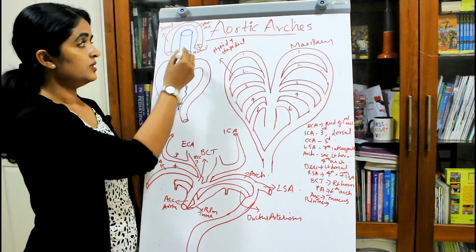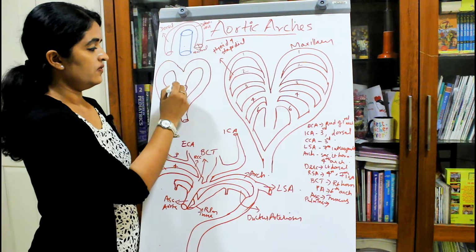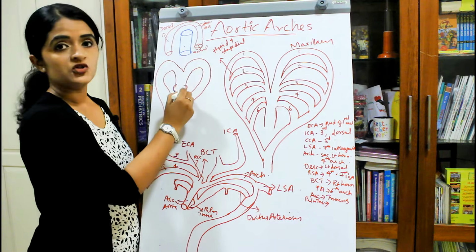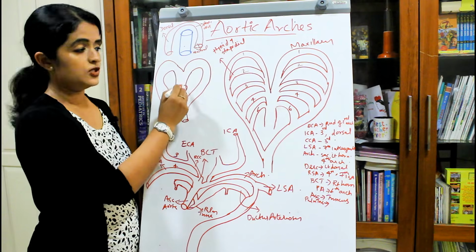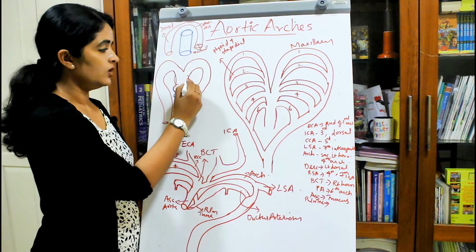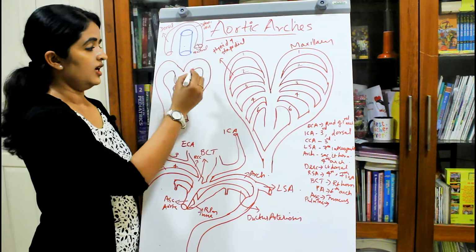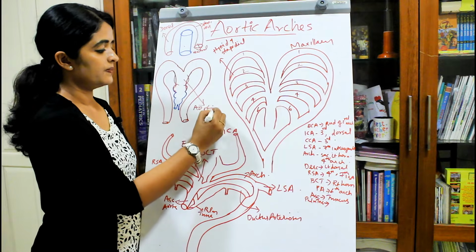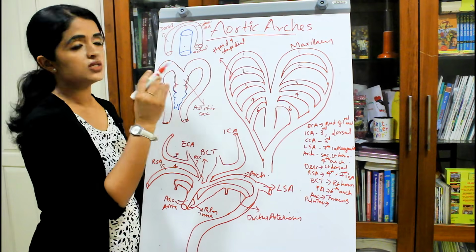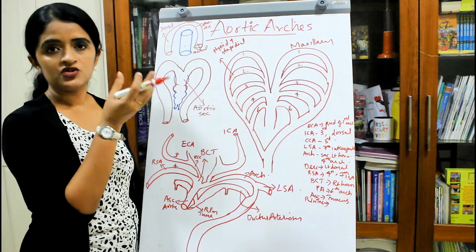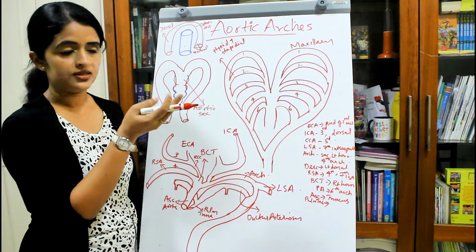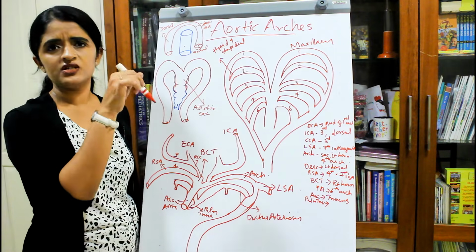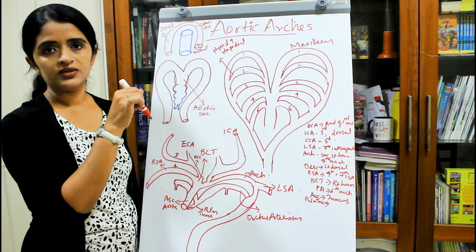This fused end of the ventral aortae will fuse with the truncus arteriosus of the heart tube. This fused end of the ventral aortae, you call it the aortic sac. The fused part of the ventral aorta is the aortic sac, and that is actually just fitted on the truncus arteriosus.